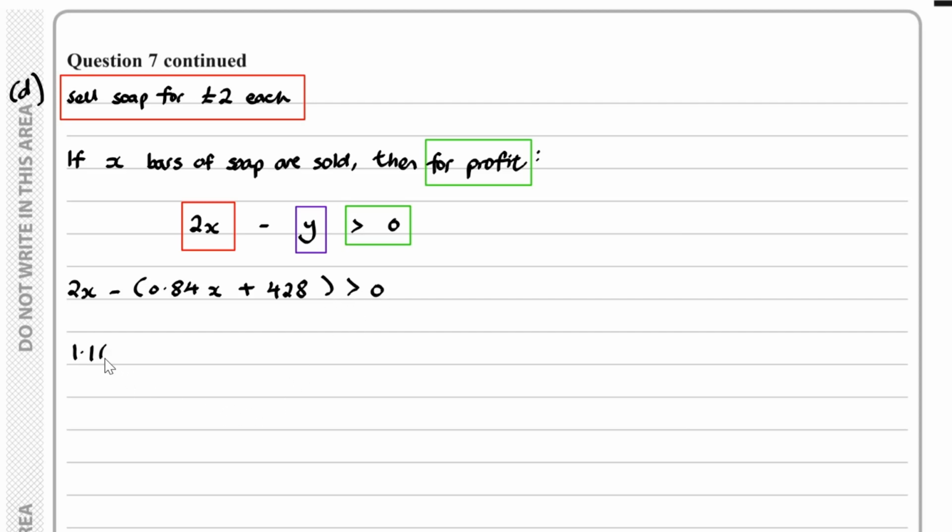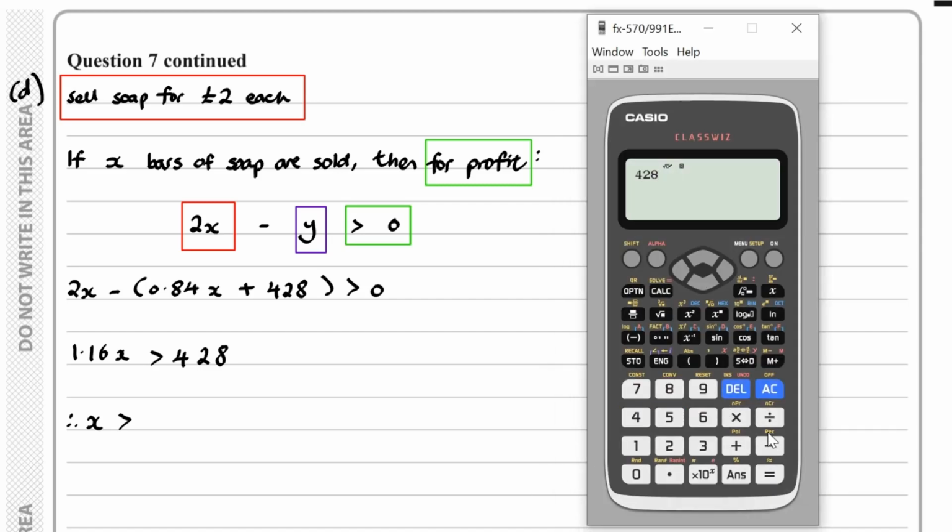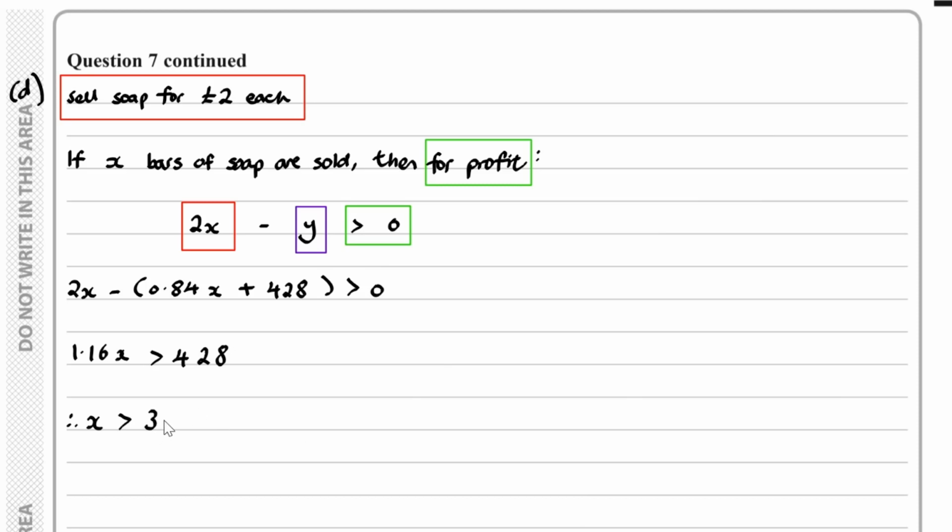So we have 1.16x being greater than 428, and therefore x is greater than 428 divided by 1.16, which is 368.9, etc. Okay, and therefore what we can conclude is that the least number of bars of soap is 369.